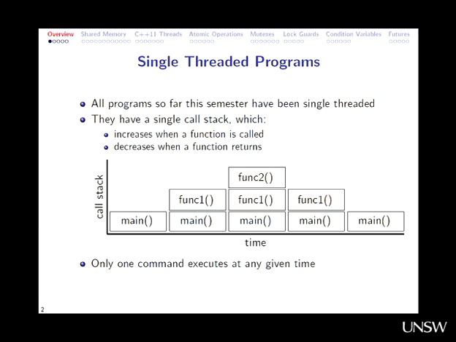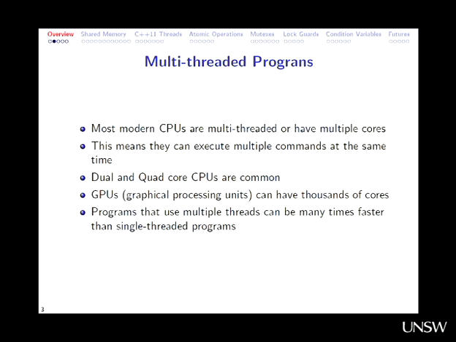And it has to decrease in the same order. You can't suddenly have function 1 returning until function 2, which was called out of function 1, returns. So the call stack works very simply. Every time you call a function, it goes up, and every time you return from a function, it goes down. That's a single-threaded program. That's what we've done all semester. That's what you would have dealt with most of your course so far.